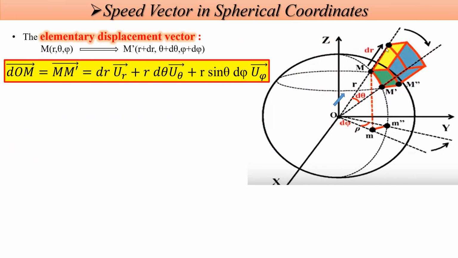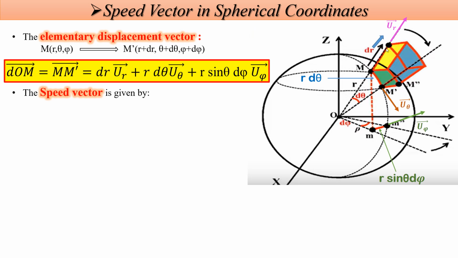Finally, spherical coordinates. The elementary displacement of the position M r, theta, phi to a very close position M prime r plus dr, theta plus d theta, phi plus d phi is shown in the figure, where dr represents movement in the direction of ur, an arc of length r d theta tangent to u theta, and r sin theta d phi in the direction of u phi.